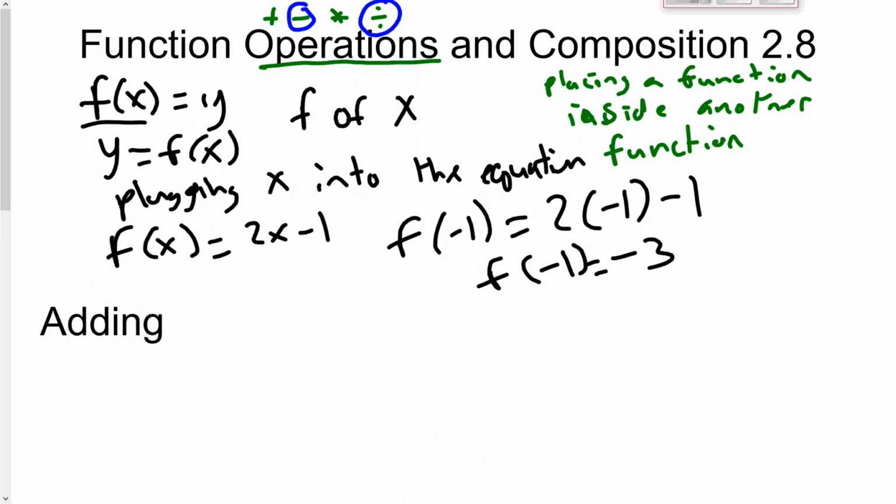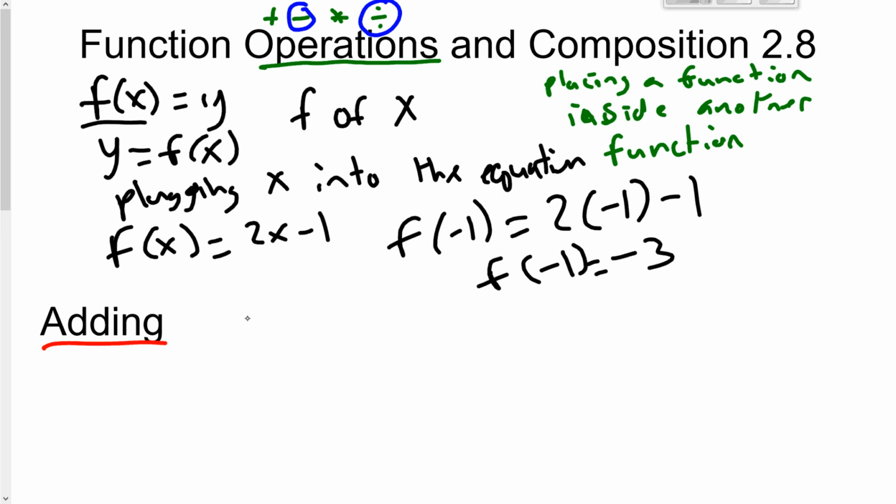And now what we're going to do with these functions is perform operations with them. That usually means there are two functions, though there doesn't necessarily have to be. You could add the same function, that's fine. But usually there's two. So we're going to start with adding.